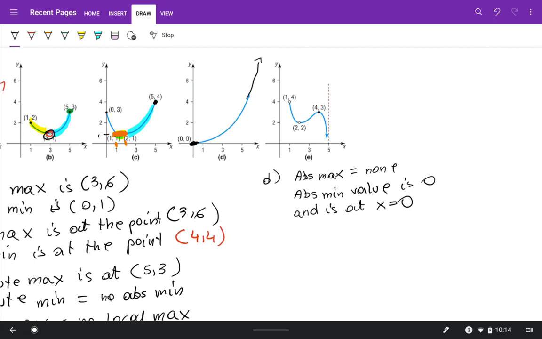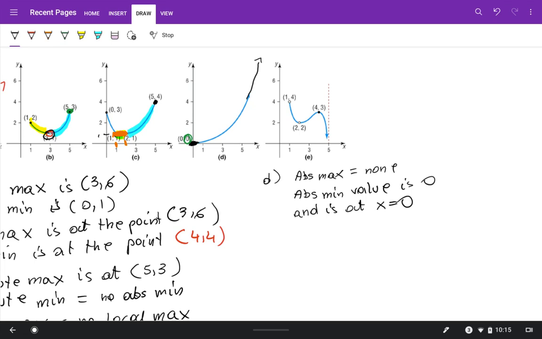So x gives you the direction where you can find the absolute minimum. When x equals 0, y also equals 0. So the absolute minimum is at point (0, 0). However, when we talk about minimum, the most important is the y coordinate. X just gives you the direction where you have to look for it.